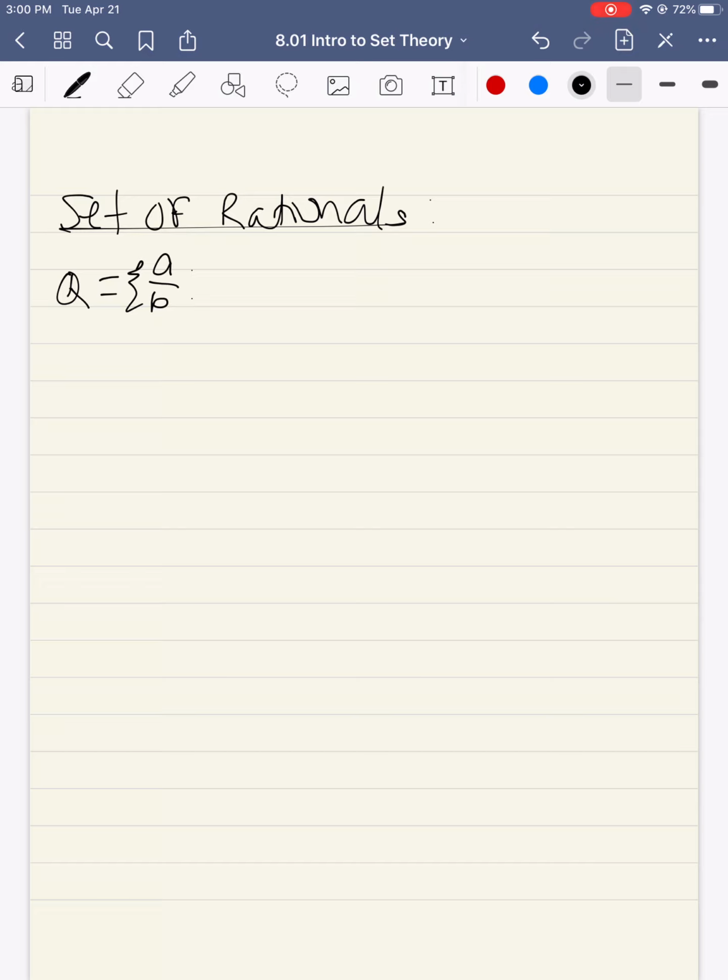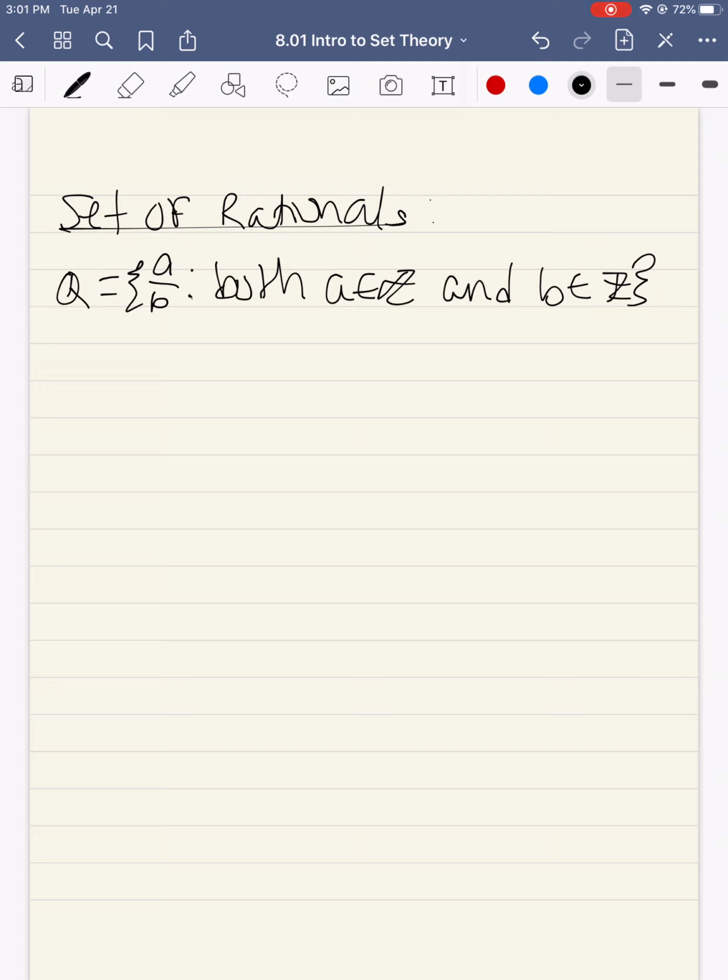So we would say the set of A over B such that both A is an integer and B is an integer. So any number that can be written as A over B is considered a rational. And you can see that that also includes the set of integers, because I can just take an integer and put it over 1, which 1 is also an integer. So here we can see that nesting doll picture going on.